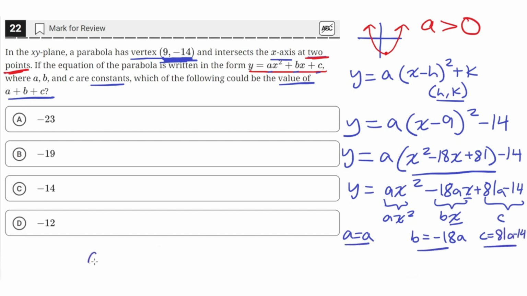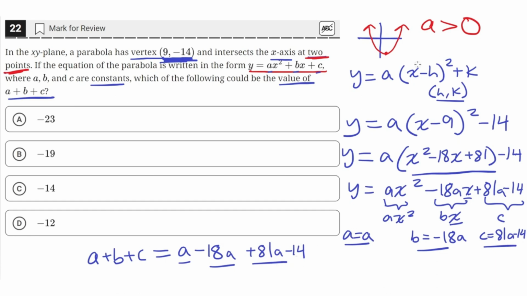So let's plug that into a plus b plus c. When we add all these together, it'll look like this. A minus 18a, since this is a, this is b, and then the value of c, plus 81a minus 14. So this is the value of a plus b plus c.